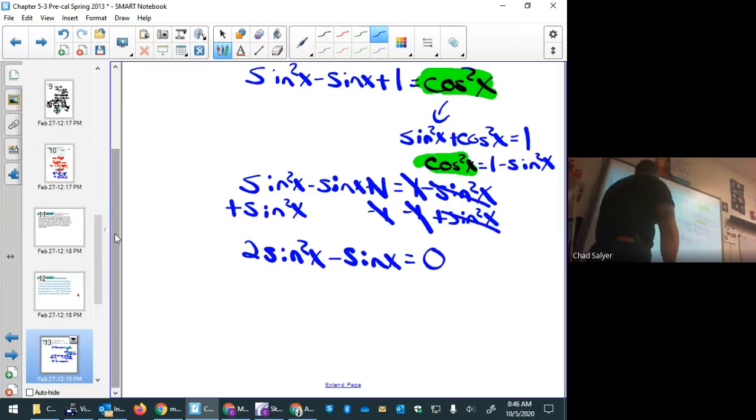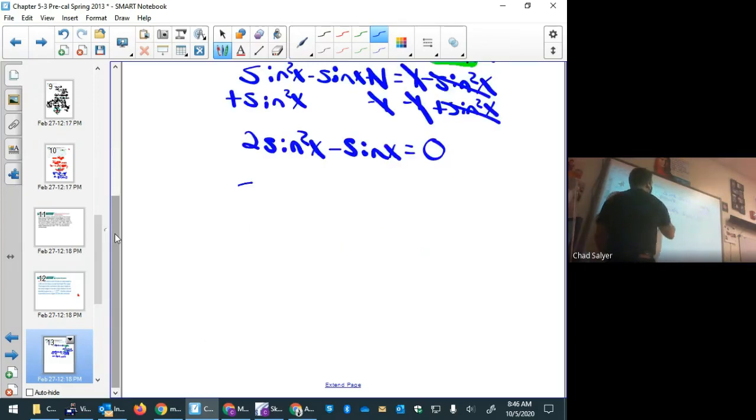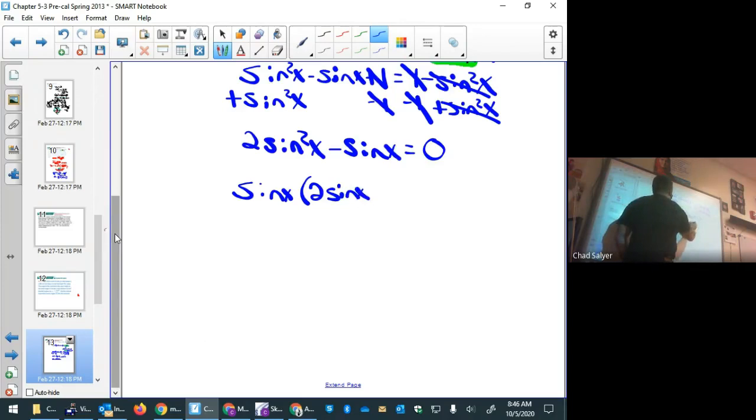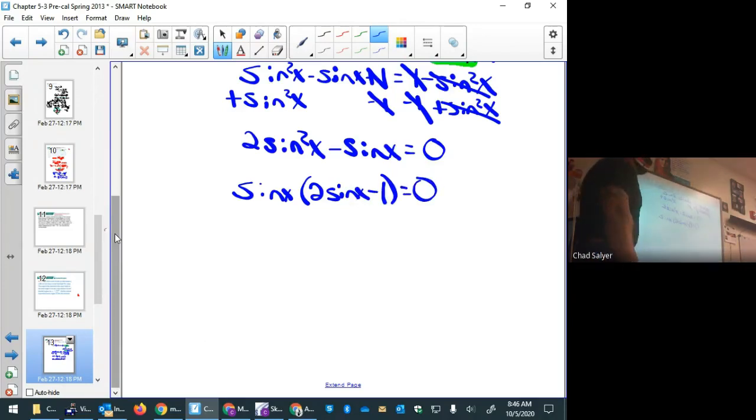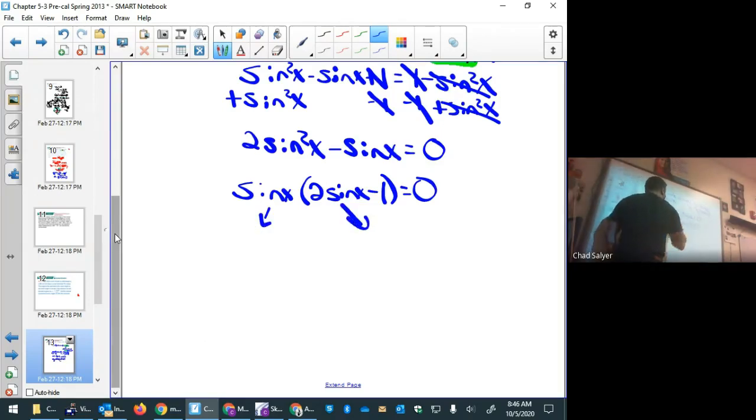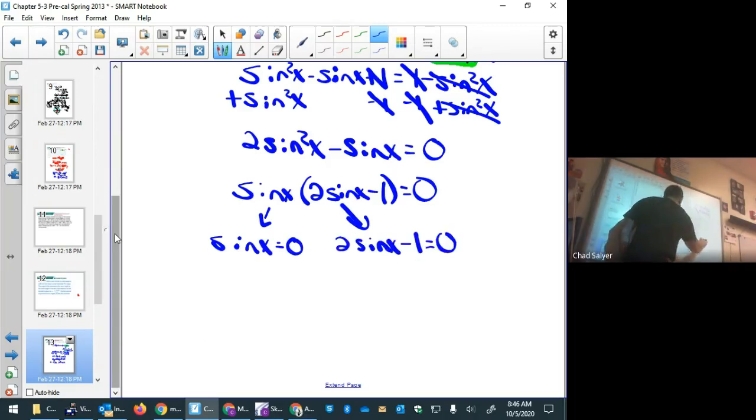Now I'll factor. So if I factor out sine of x, I get this. So if you have a GCF, that should always be your first tactic. Factor away that GCF. So now the zero product property tells me sine of x equals 0, or 2 sine x minus 1 equals 0.